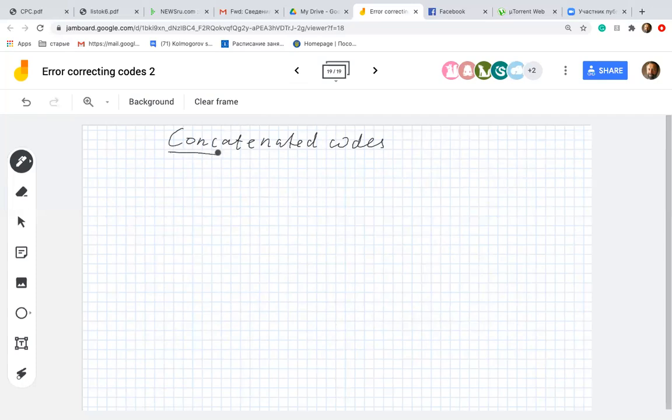So recall the Reed-Solomon codes. Why are they bad? They are bad because they have a large alphabet. How can we reduce the alphabet? Assume, for example, that we have a Reed-Solomon code whose alphabet has, say, 2 to the m elements, with some k, some d.